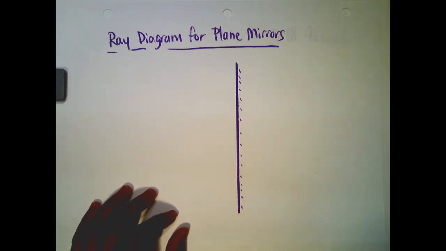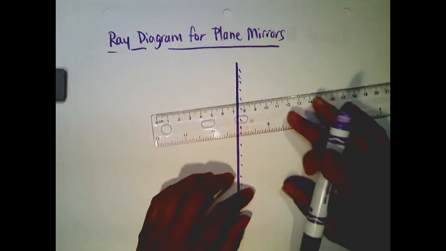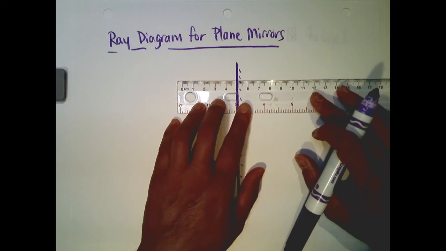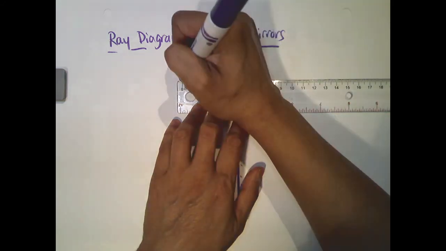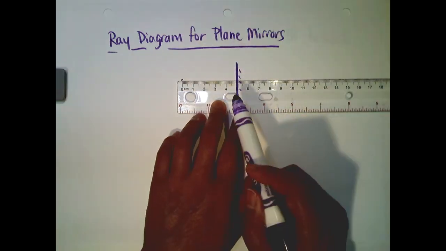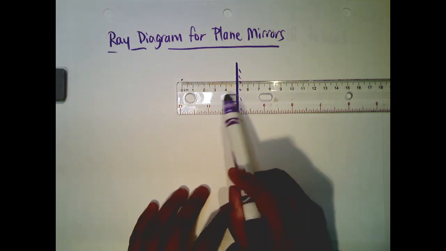That's pretty easy, I think. All right, so what we're going to do is I'm going to take my ruler here. Perfect. And I'm going to draw the letter F 5 centimeters away from the mirror. So notice there is 5 centimeters. Okay, so I got it at 5 there.